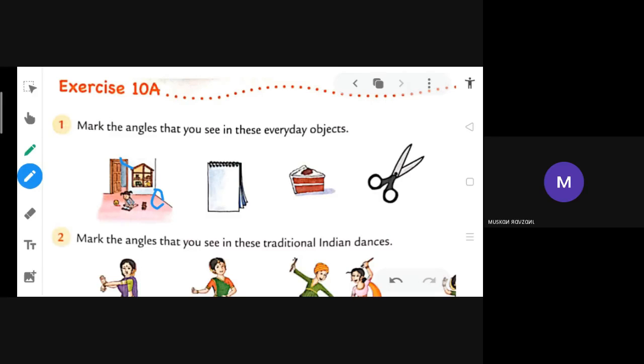Corners are there. See, two corners are there. When two sides meet, that is called a corner. So in the door you can see this line of the door and this line of the door. They meet. Yes, ma'am. That's why two corners. In the door and in the shelf also and floor also and notebook also. Yes, ma'am.